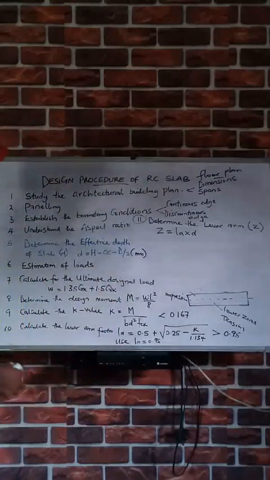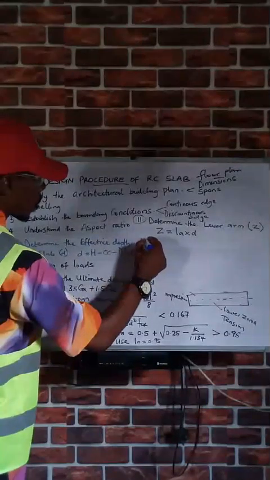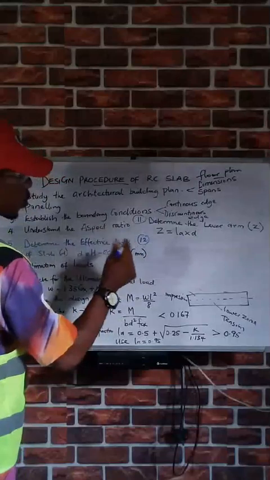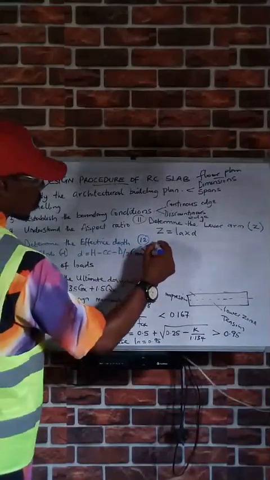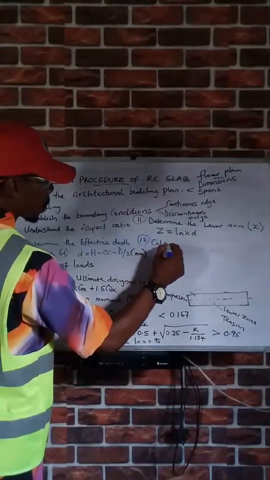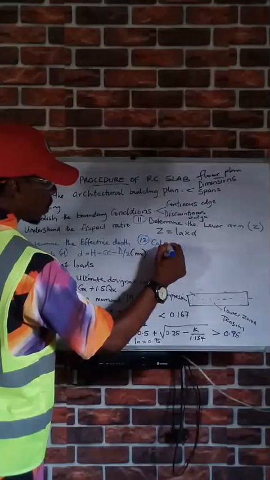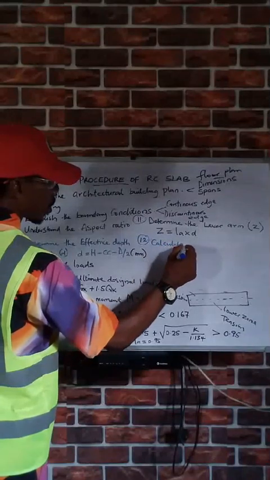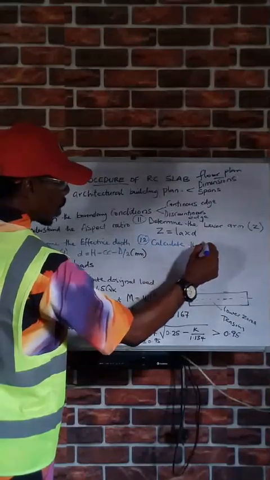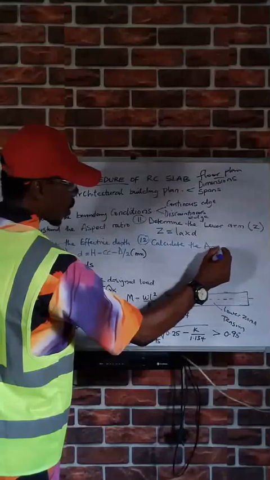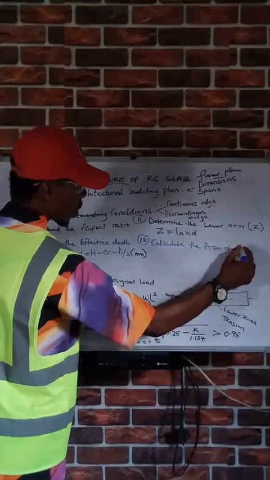After you have calculated your lever arm, the next thing you're going to do is calculate the area of steel.